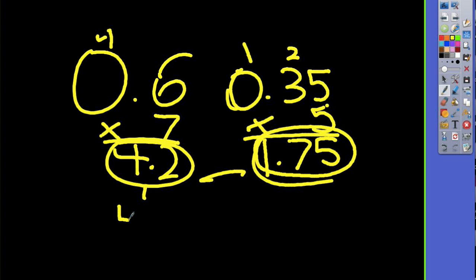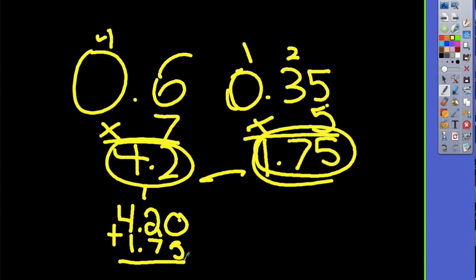So 4 and 20 hundredths plus 1 and 75 hundredths. 0 plus 5 equals 5. 2 plus 7 equals 9.